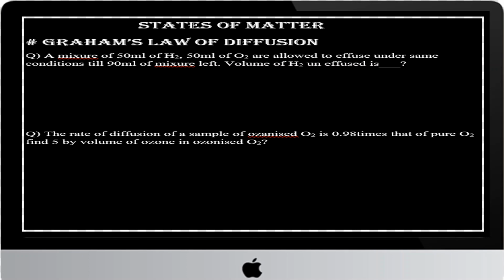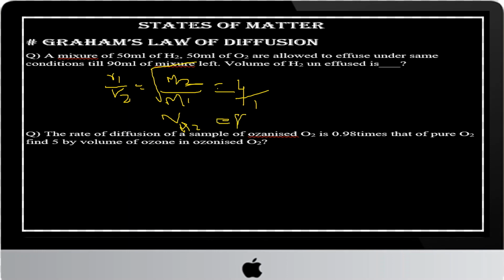Here first you should take the relation R1 by R2 is equal to root over M2 by M1. It becomes 4 because oxygen is 32 and H2 is 2. After solving this, you will get 4 by 1. Here you should first find the escaped volume.